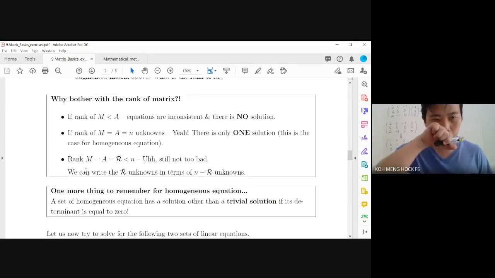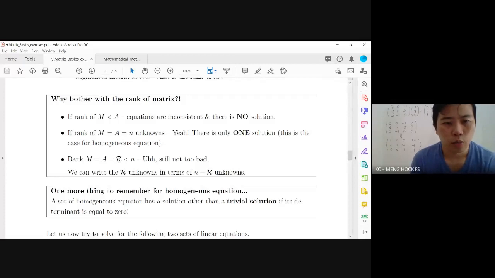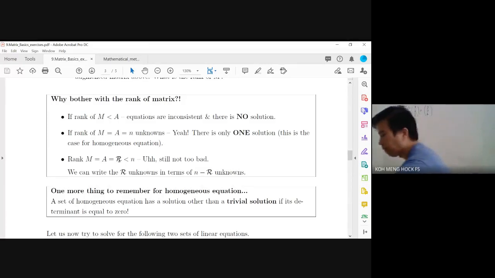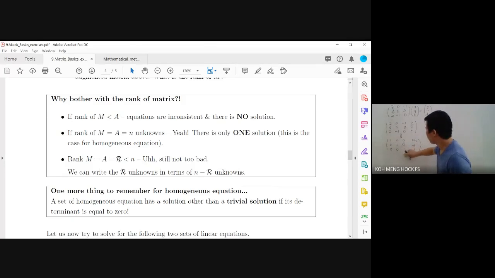If the rank of M is equal to the rank of A, but lesser than the number of unknowns, what it means is, let's say my third row, I row reduce it, and at the end I have all 0 here.